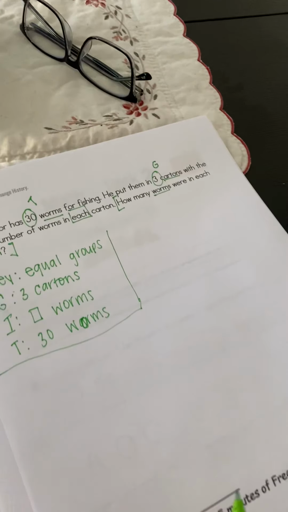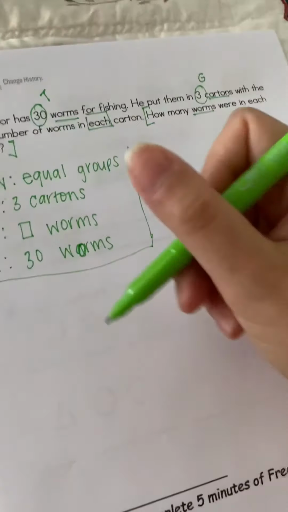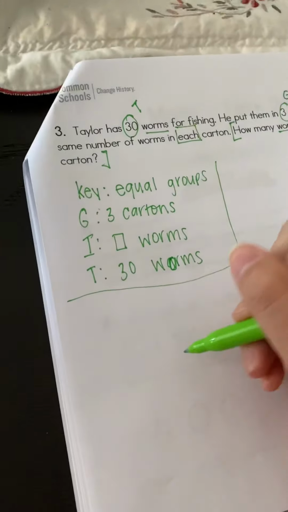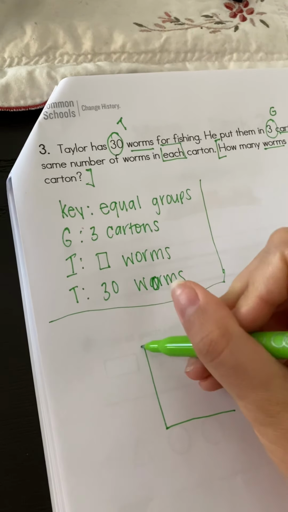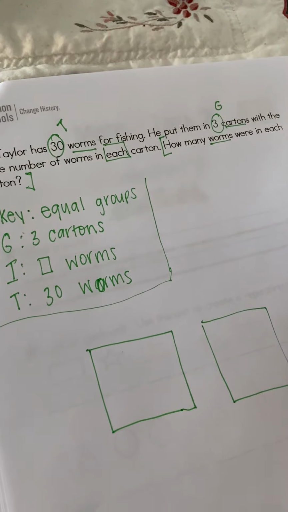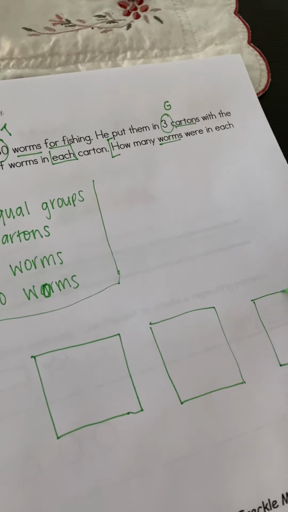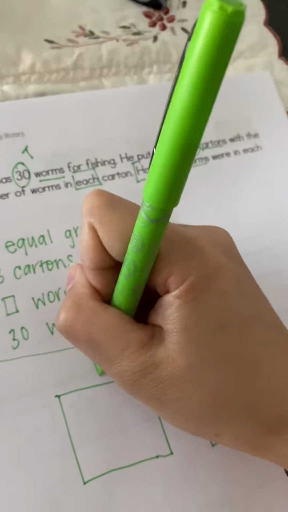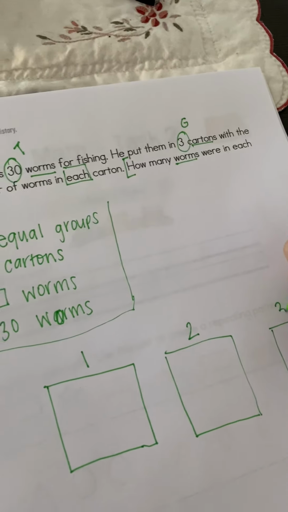So now, to have your scholar solve, I would draw 3 boxes. So 1, 2, 3. Now I would label it 1, 2, 3.